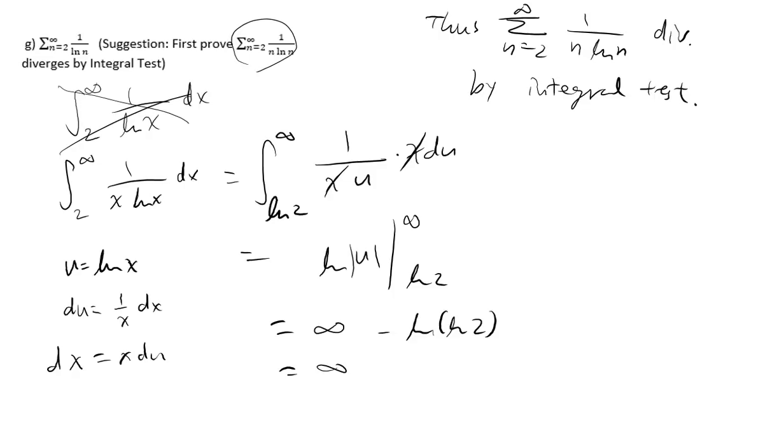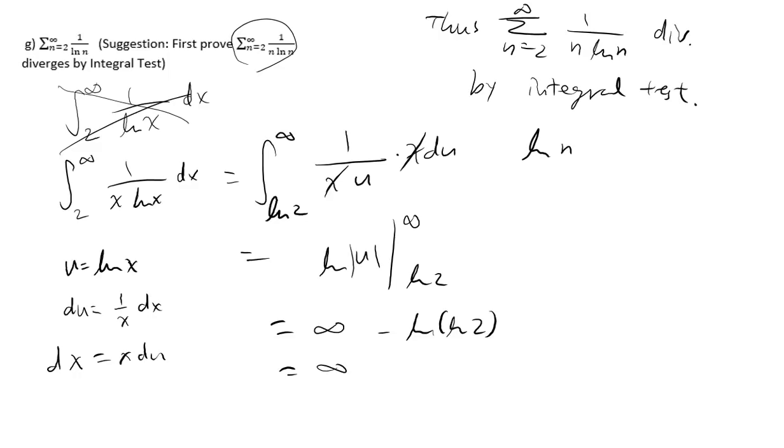Okay. Now what about this other one? Well, if this diverges, this one probably diverges too. Why is that? Because 1 over log of n is bigger than 1 over n log of n.